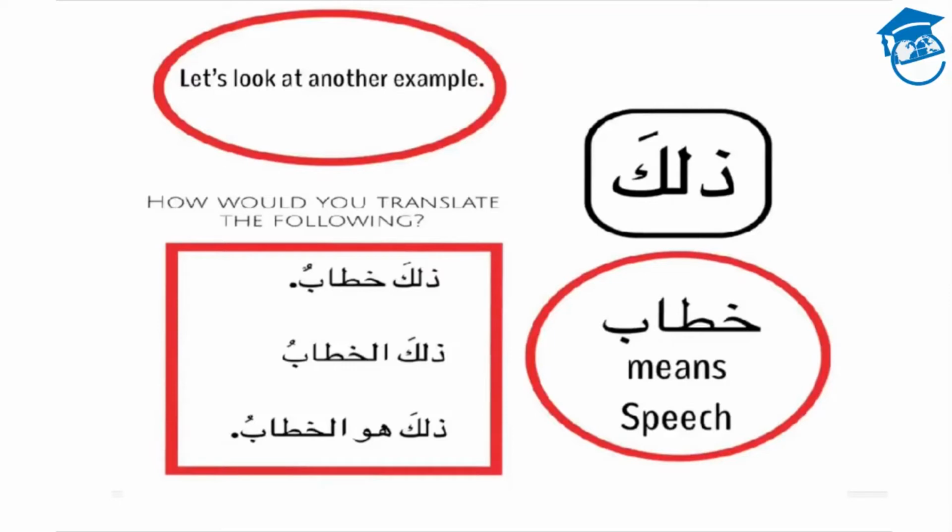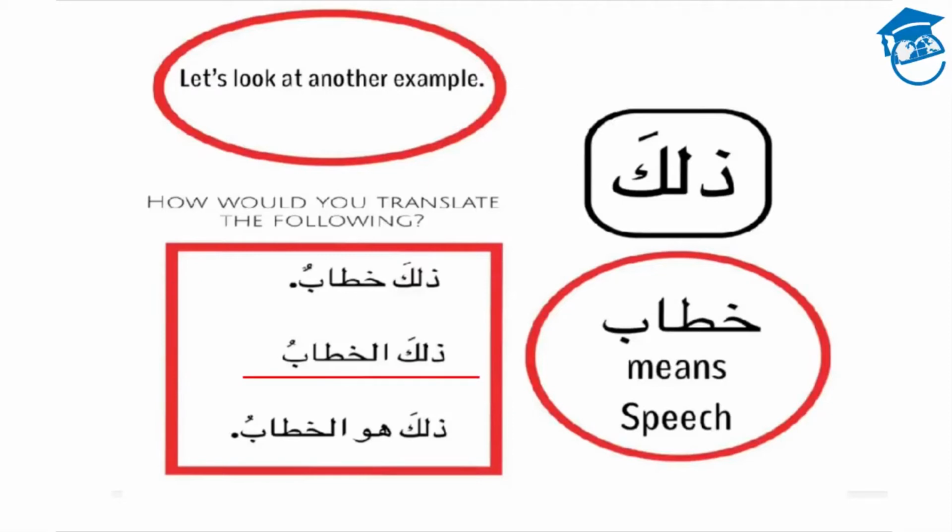This time, we're going to use the noun khitab. Khitab means speech. How would you translate the following? Dhalika khitabun. Dhalika khitabun means that is a speech. It's a full sentence. What about the second example?